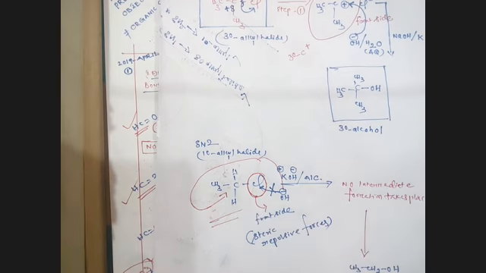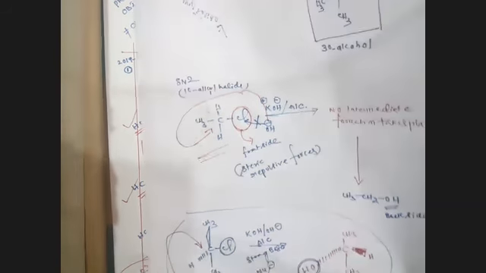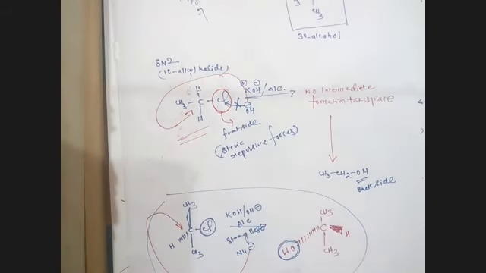So we are getting inverted configuration; the product will be of inverted configuration. You see this, OH in the dotted line indicates that the attack takes place on the backside.